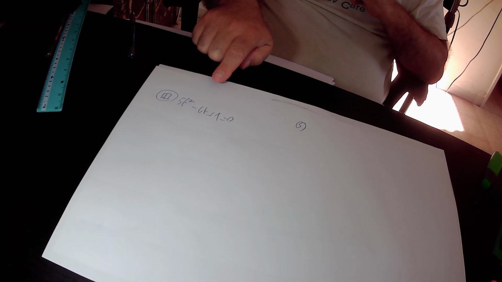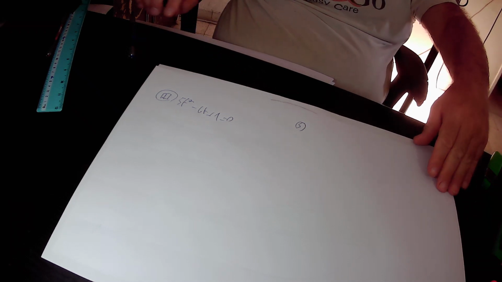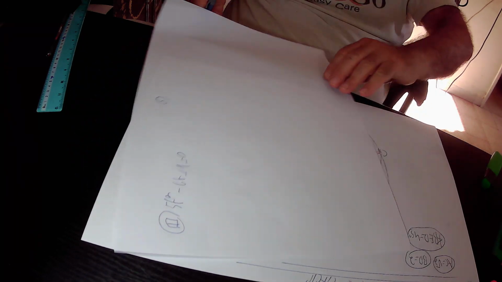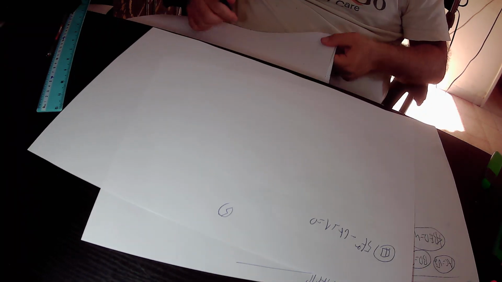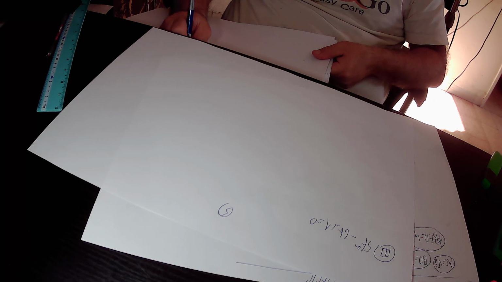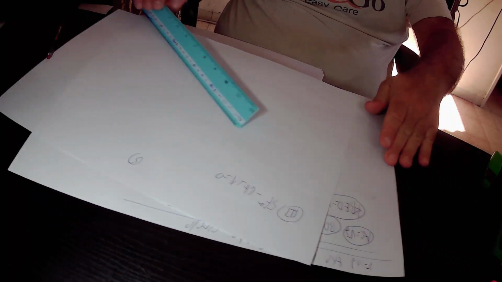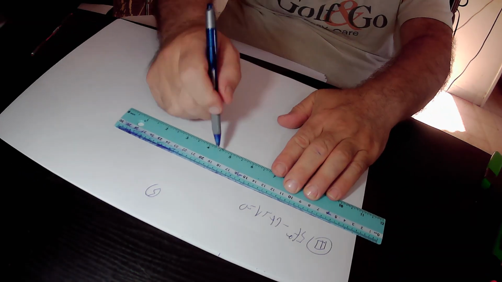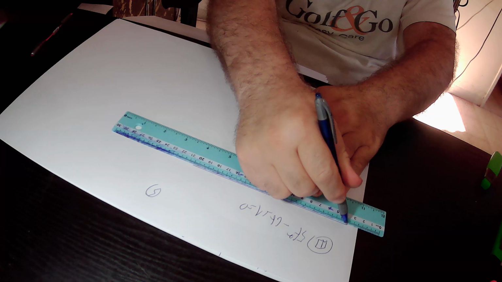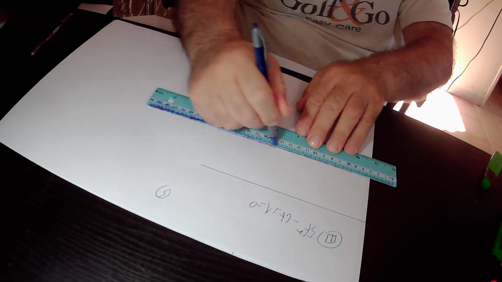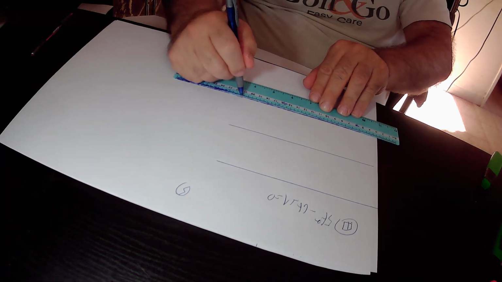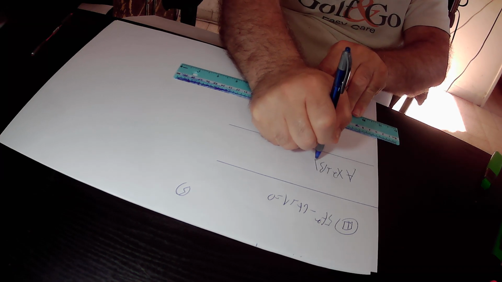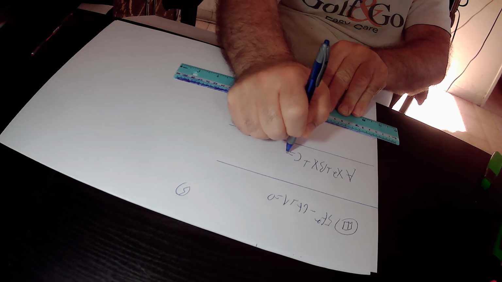So this is a quadratic equation, and the general formula for quadratic equation is ax squared plus bx plus c equals to 0.